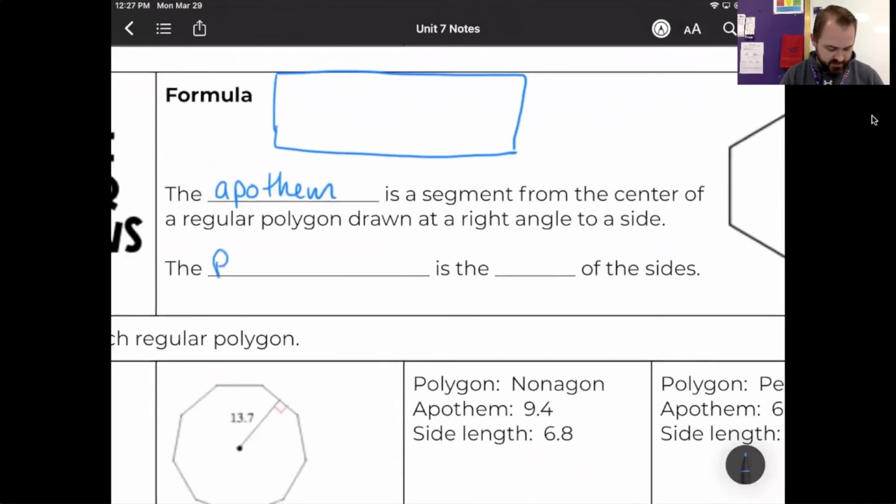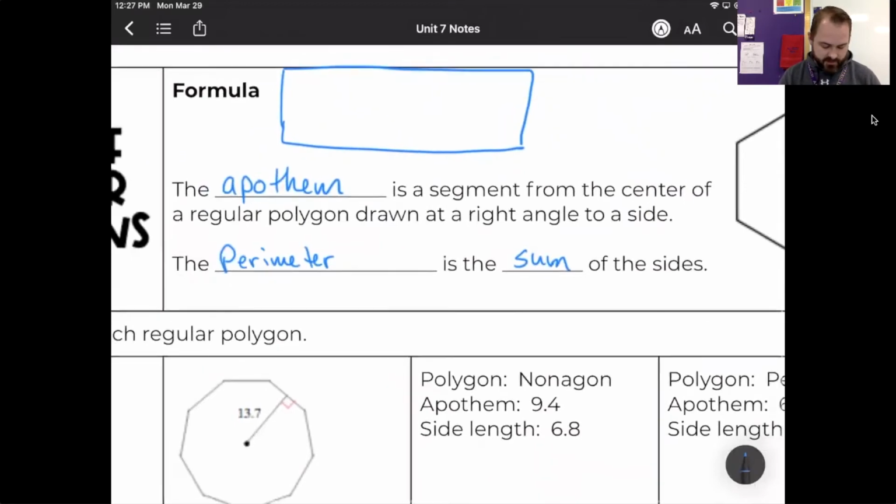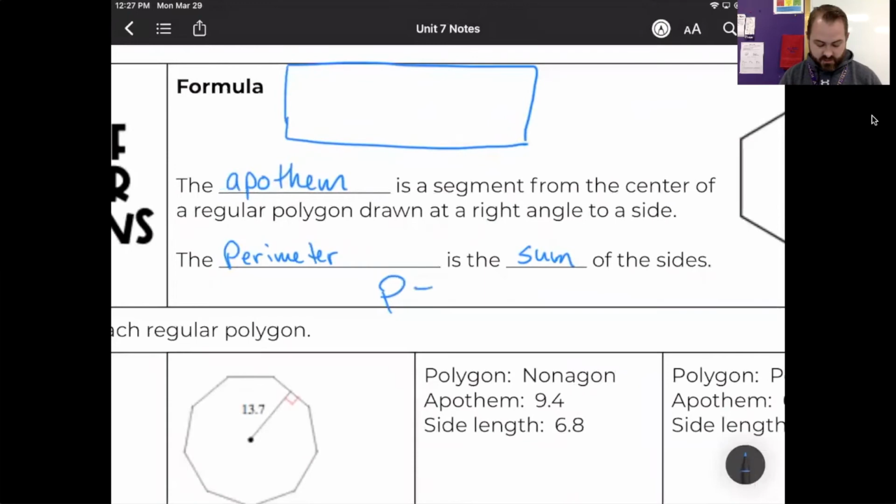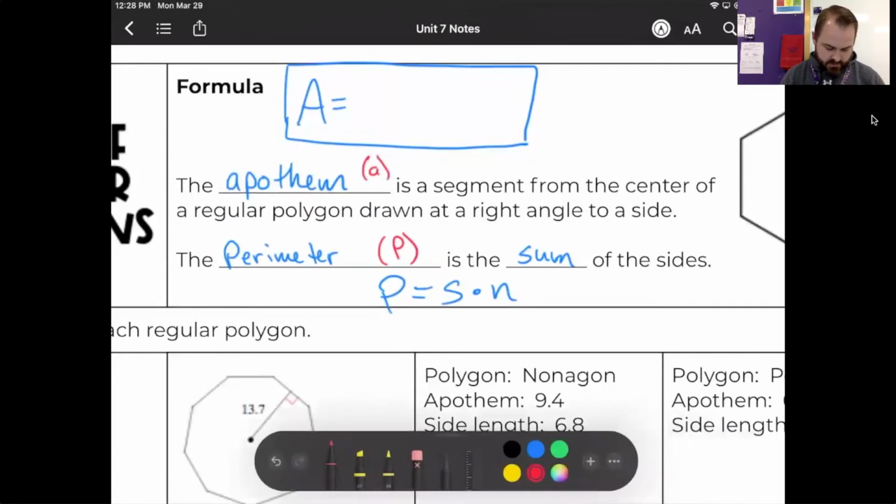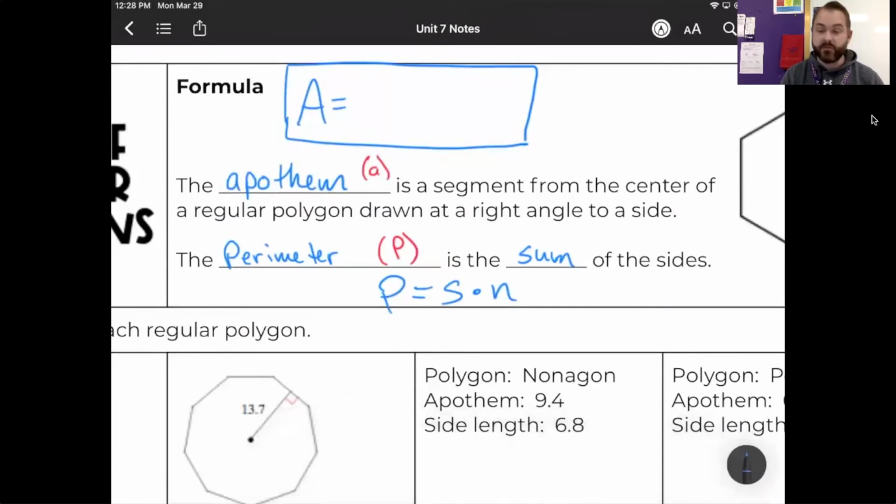You guys know what perimeter is. Perimeter is the sum of all the sides. However, because all the sides are the same, perimeter is equal to the side length times the number of sides. So here's the area formula for a regular polygon using the apothem, lowercase a, and perimeter, capital P. The formula for area of a regular polygon is 1/2 apothem times perimeter.